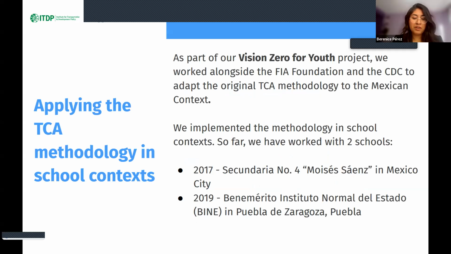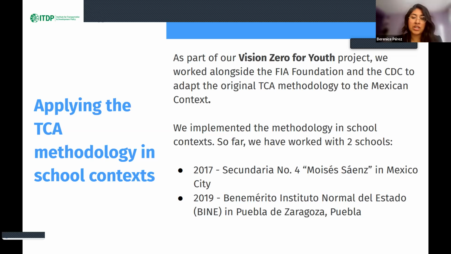We worked with the FIA Foundation and CDC to adapt this original methodology to our context. So we started to implement this methodology in 2 schools. First, in 2017, in the high school called Moisés Sáenz, which is located in Mexico City.